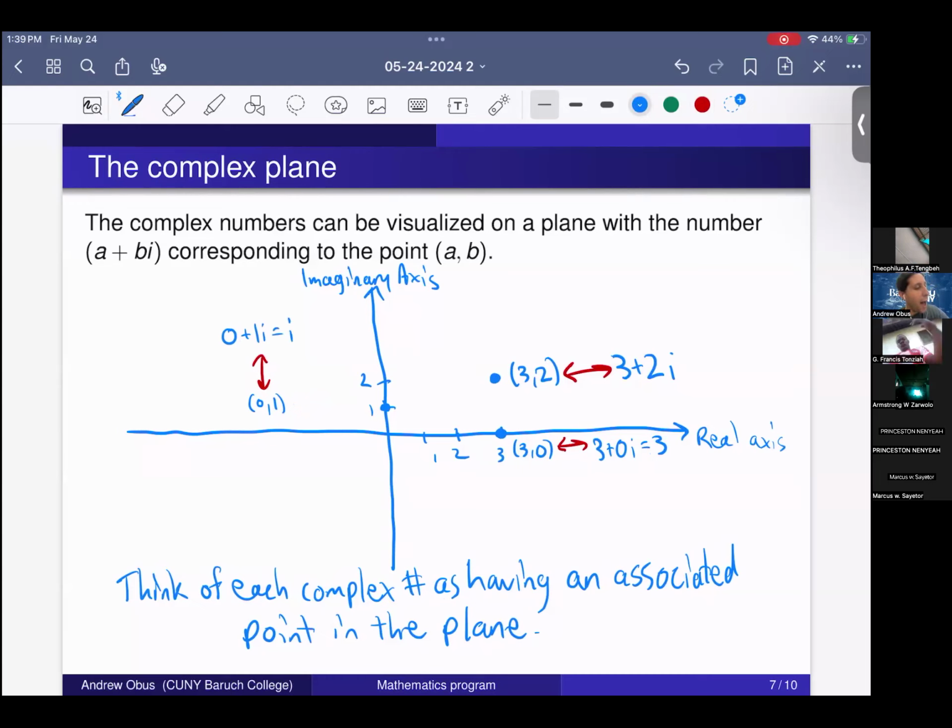So the number i, we think of it as living on the y-axis at a distance of 1 from the origin. Of course, the origin represents 0 plus 0i. So every complex number corresponds to a point in the plane, and every point in the plane corresponds to a complex number. Just like the real numbers lie on the real number line, the complex numbers lie in a complex number plane. You have one dimension for the real part and another dimension for the imaginary part. Any questions?